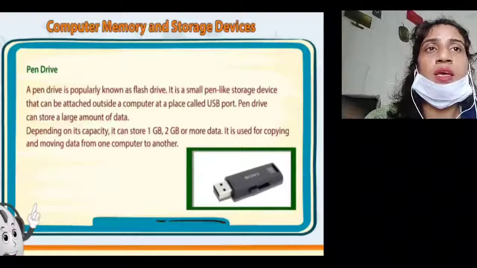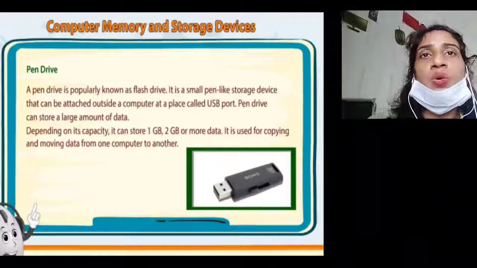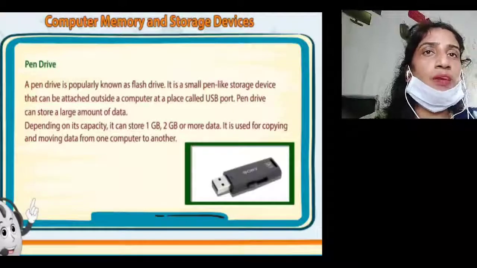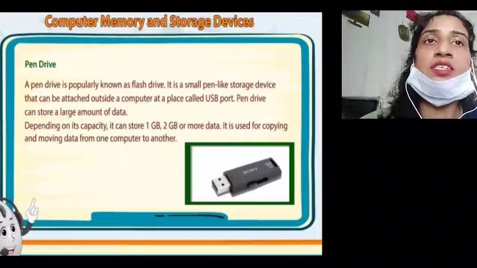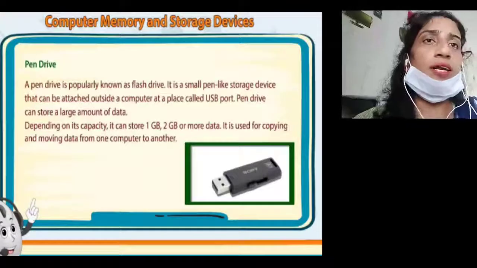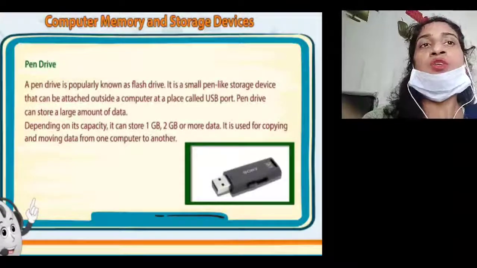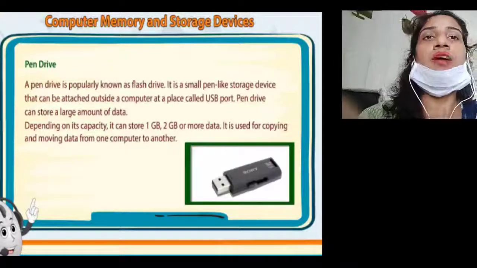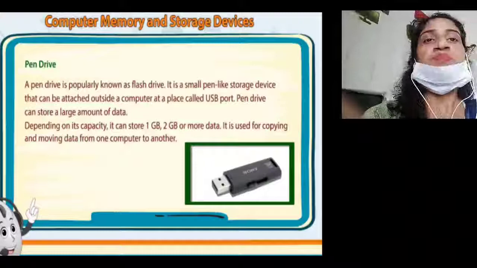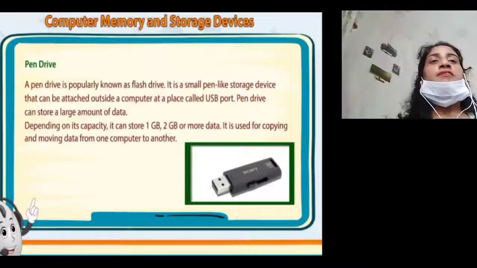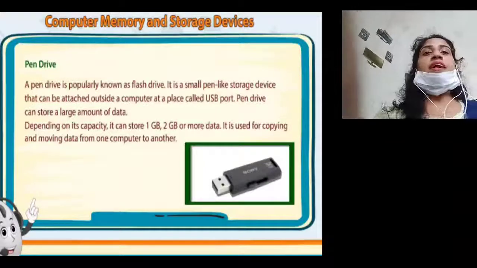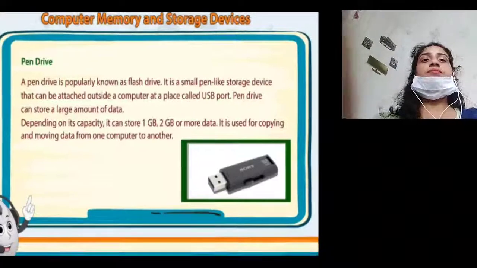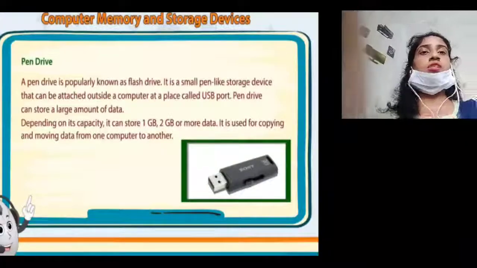A pen drive can store a large amount of data depending on its capacity, such as 1 GB, 2 GB or more. It is used for copying and moving data from one device to another. Today we use types of pen drive which can also be connected with a phone. So this is all about pen drives.